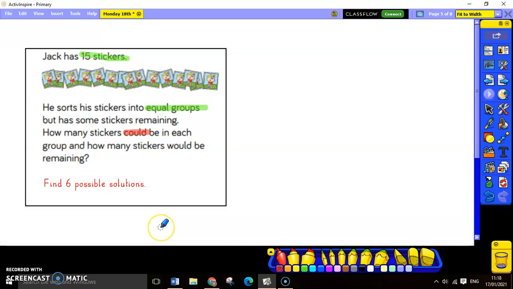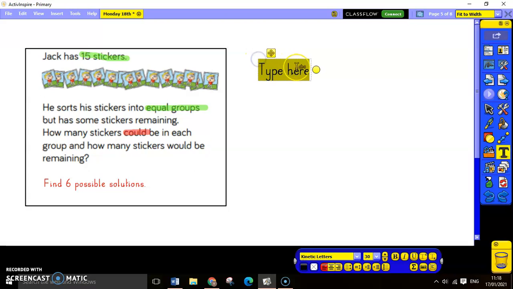Okay, so I think a good way to start this would be to think about, well, he's got 15 stickers, so he could have one group of 15. But if I do one group of 15, he hasn't got any stickers left over because I've used all the stickers. Okay, so that's not going to work. Let's reject that.